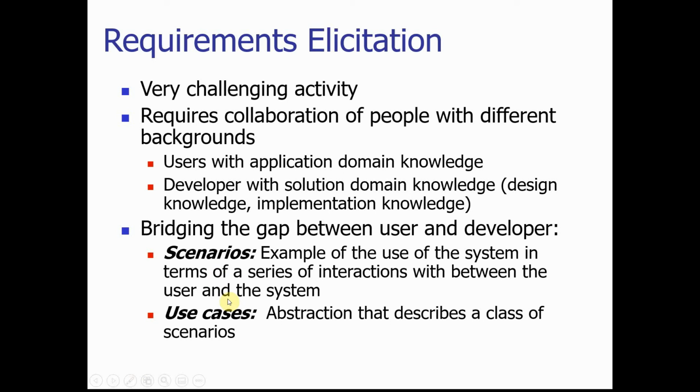Or you can take a vertical slice, go deep into the scenario and provide as much detail as possible, and then you may come up with multiple use cases from a single scenario. So there are two ways to come up with use cases.